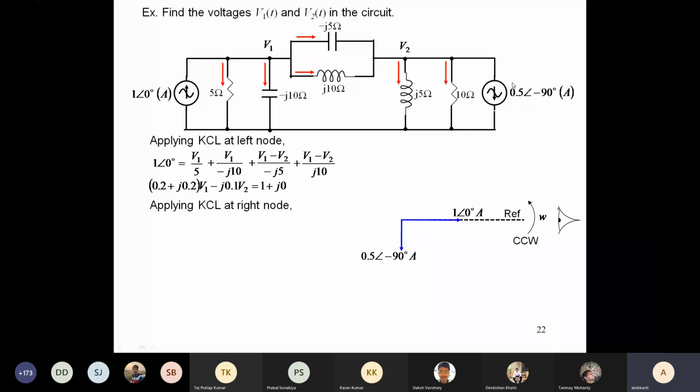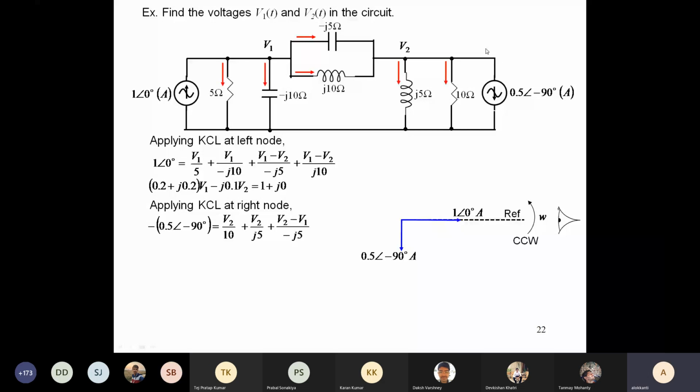If the right hand side current source is assumed to be going up, then if we change the direction it becomes negative: minus 0.5 angle minus 90. And then it becomes a current going into the node.